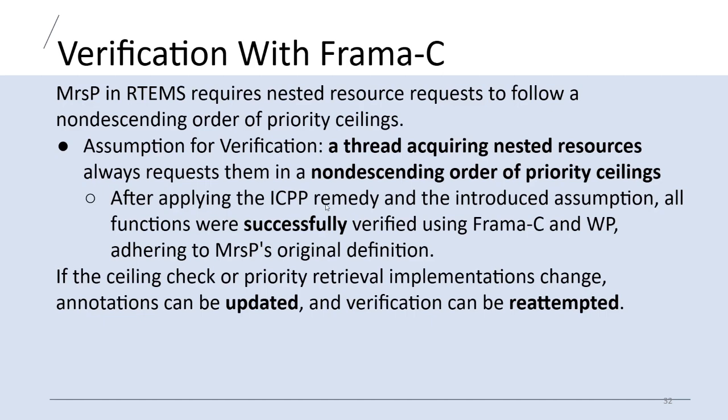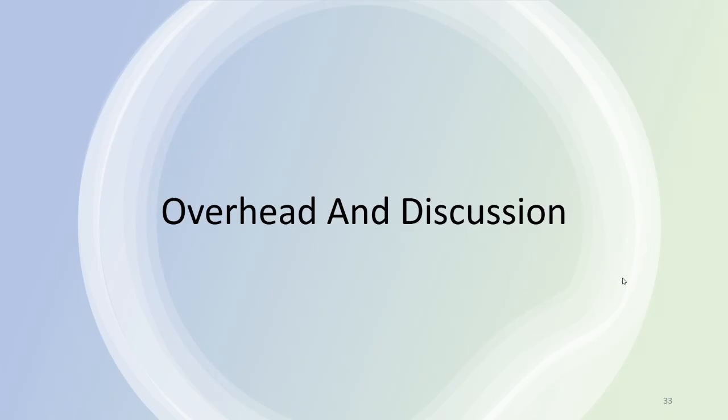After applying the ICPP remedy and the introduced assumption, all functions were successfully verified using Frama-C and WP, adhering to MrsP's original definition. If the ceiling check or priority retrieval implementation changes, the assumption can be updated and the verification can be re-attempted.